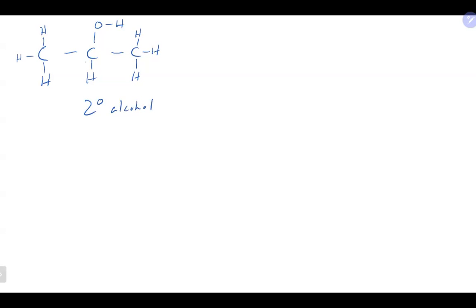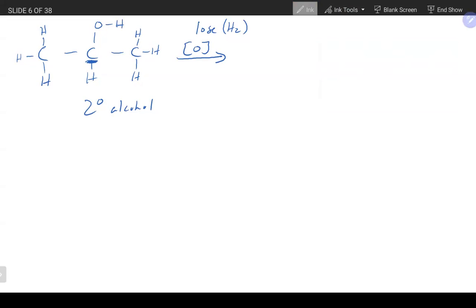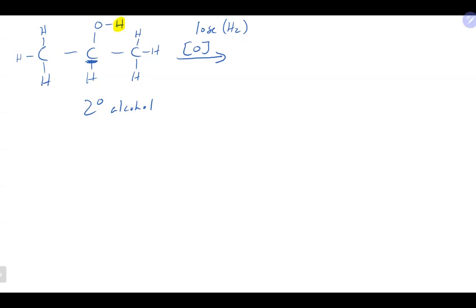Once again, if we look at the carbon here that's attached to the OH, it's attached to two other carbons. And if we put this guy through an oxidation reaction, once again, we're going to lose H2. And just like before, the H2 is going to come from the exact same location, which is the hydrogen that's part of the OH and the hydrogen that is part of the carbon that's attached to the oxygen.